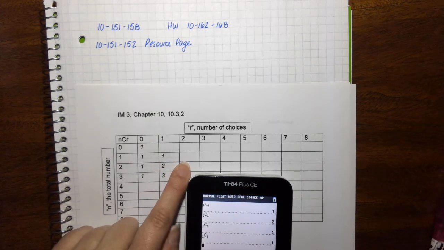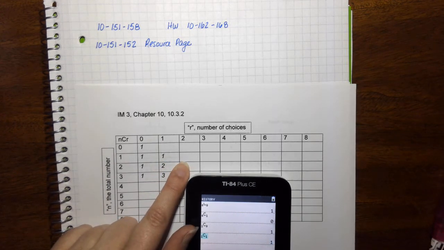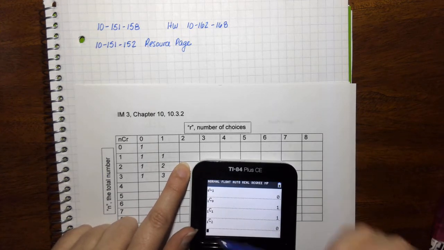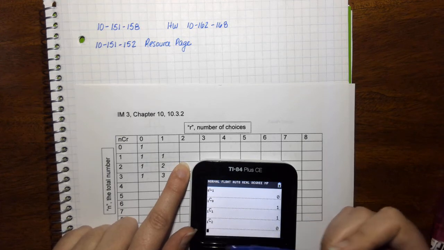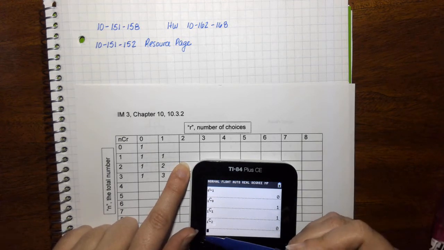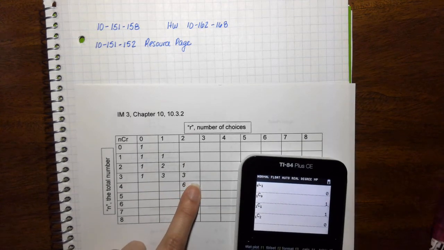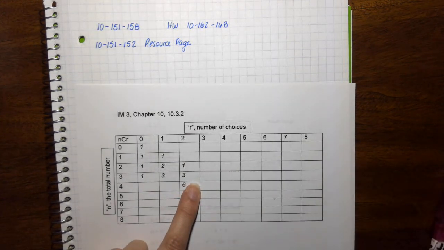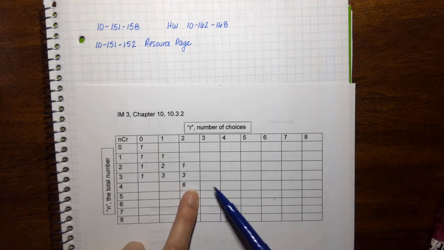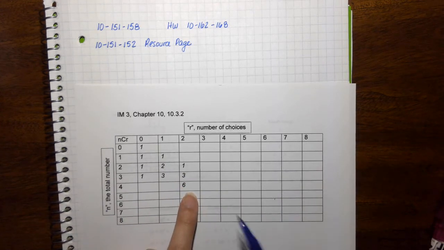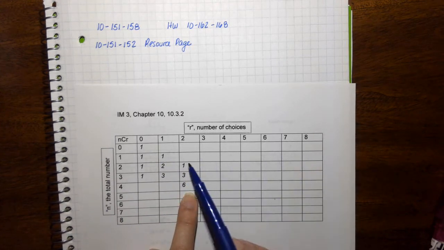And then this box, 1C2, that's 0. Hopefully you're thinking, oh, that can't work because you can't have a total of 1 and take out 2. So what you'll notice is that we will fill in one more in each row as we go. The rest of this will remain blank.